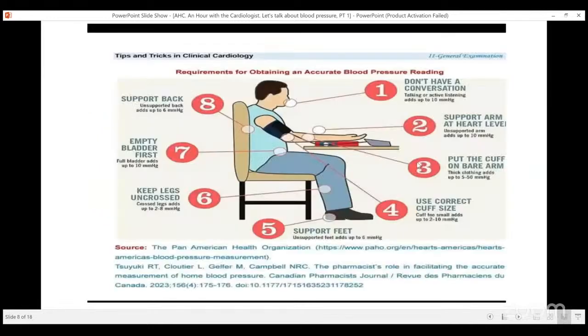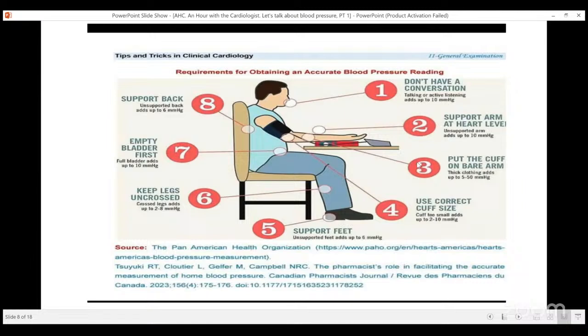All right. Now, how to measure your blood pressure accurately. This is something we should really pay attention to. Number one, don't have conversation when you are checking your blood pressure. Some people put it on, the device is measuring and they are busy talking. No, it can elevate your blood pressure by 5 to 10 millimeters of mercury.